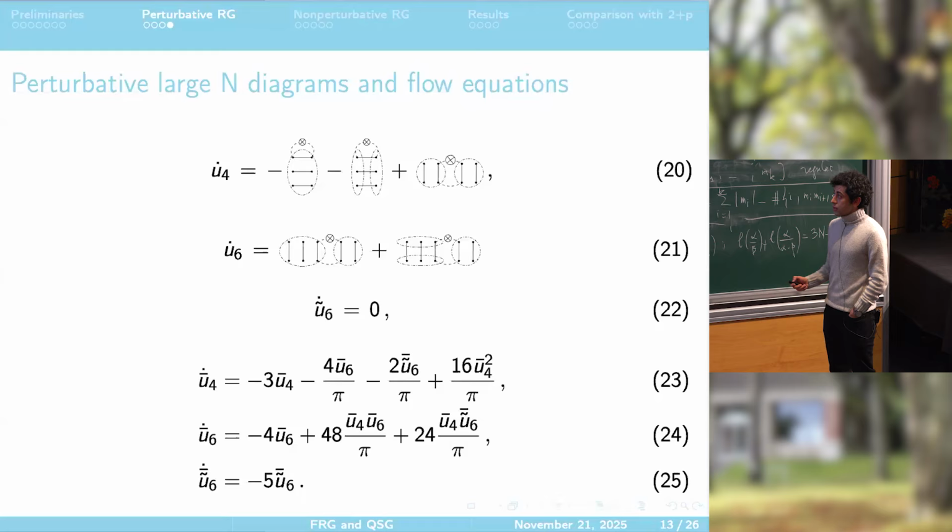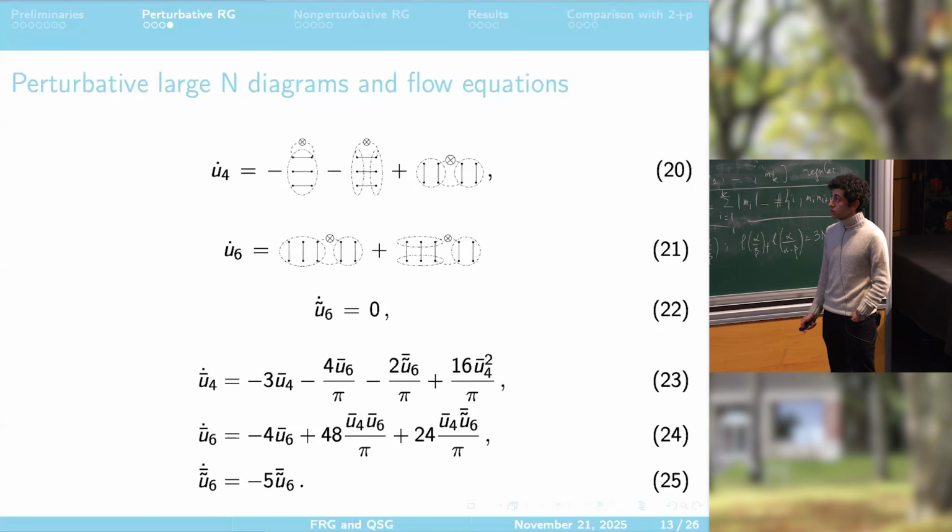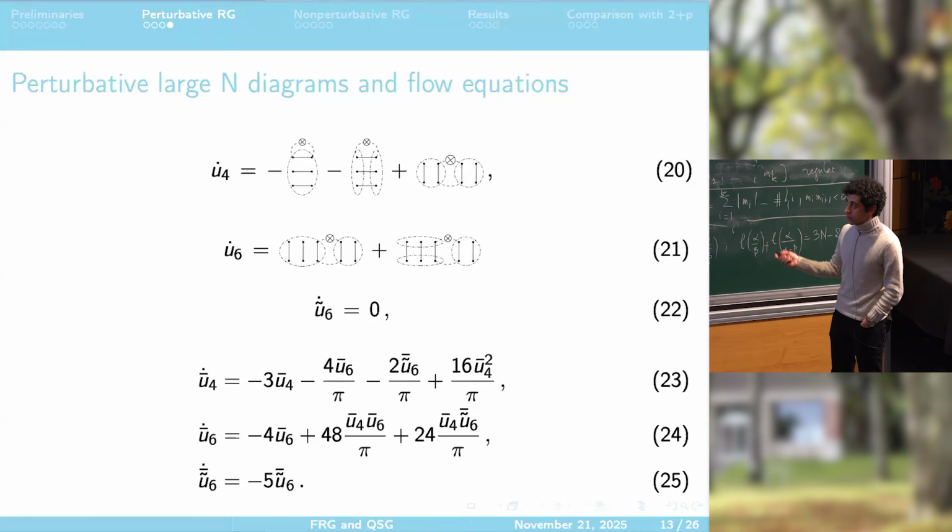And then in the next step, we move to dimensionless coupling constants. So the bar means that we remove the mass dimensions that we have. If we remove the mass dimensions, we see that we have this set of closed flow equations that we can solve.